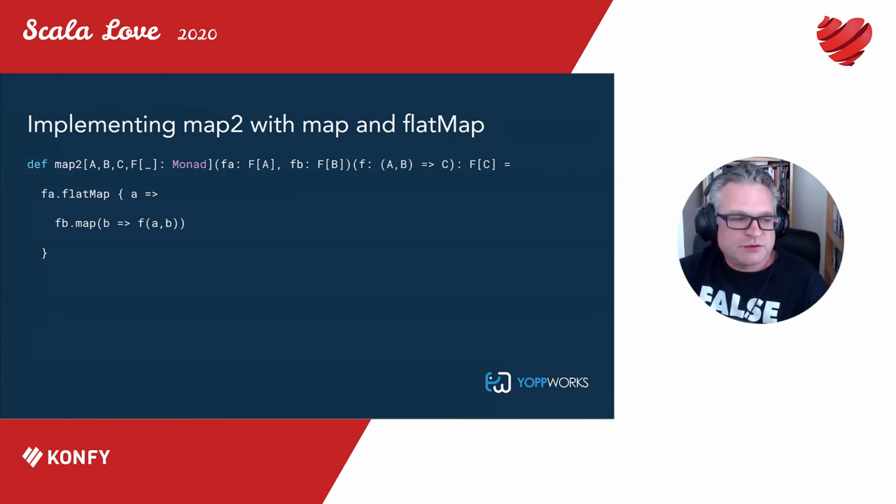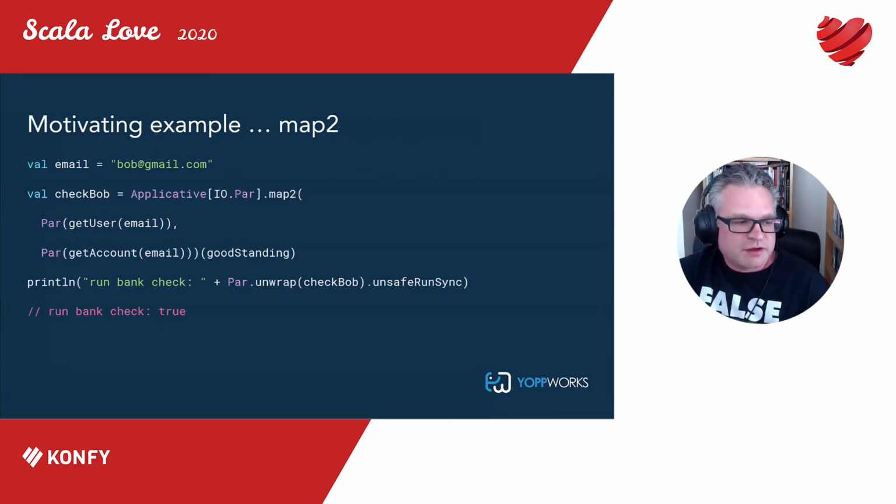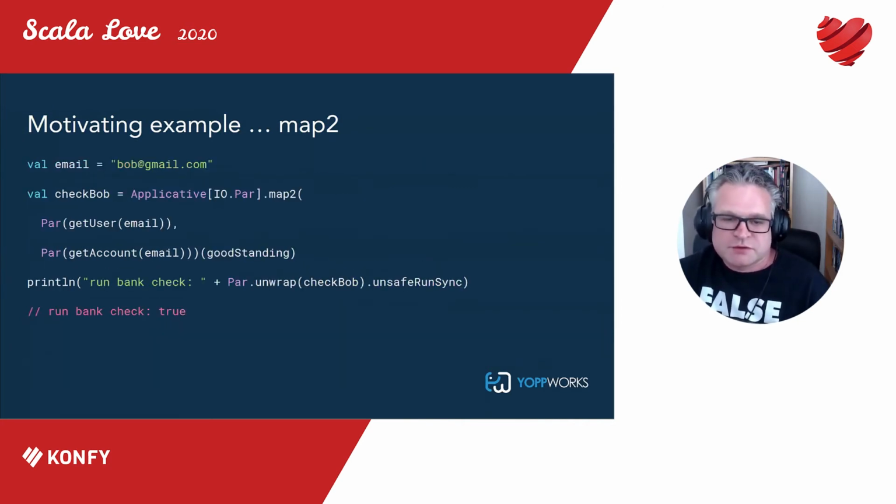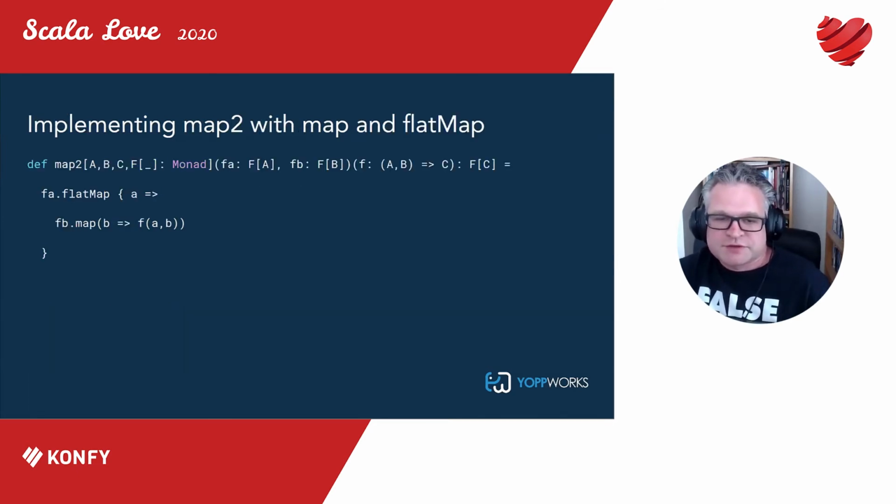Now, let's just go back to the code one second. If you were to run this code without the parallel, just using regular IOs, this code would actually take 20 seconds to run. Because remember, with monads, and IO is a monad, we create this dependency, we create this sequence.